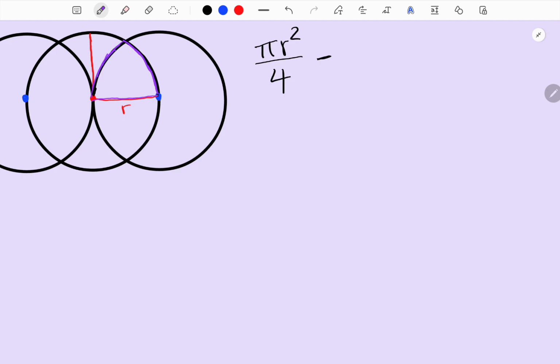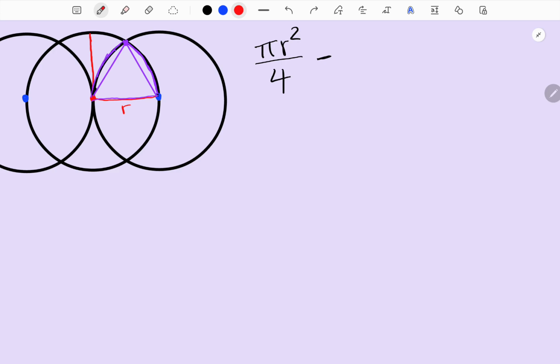Notice that if I create a line segment from the red point to this point over here to the blue point, what do we have? This base line segment is the radius r.